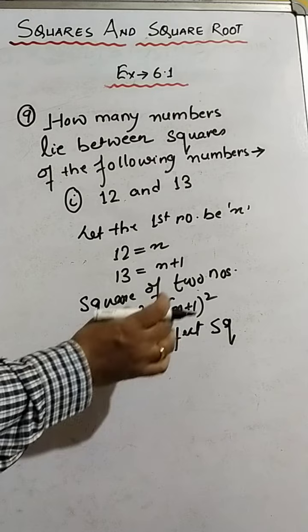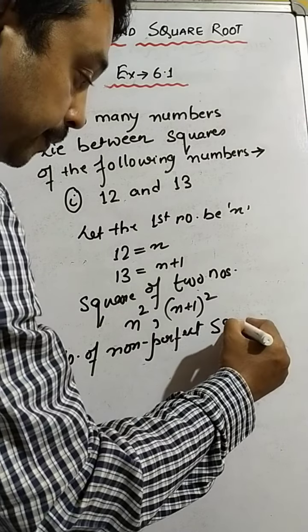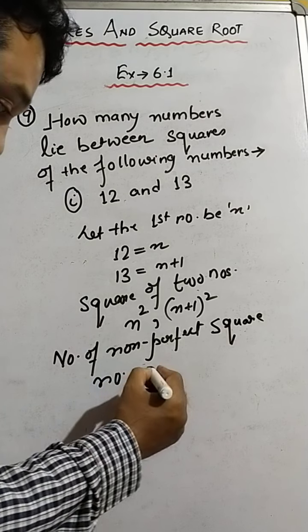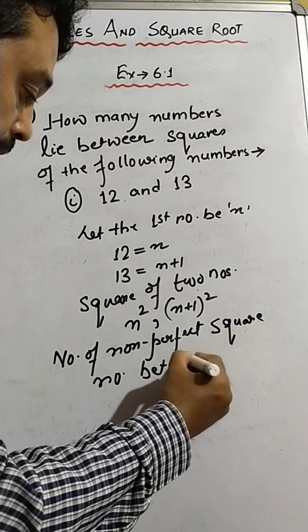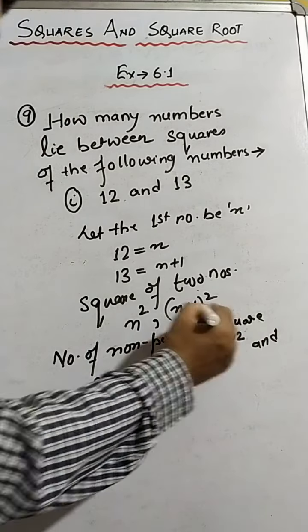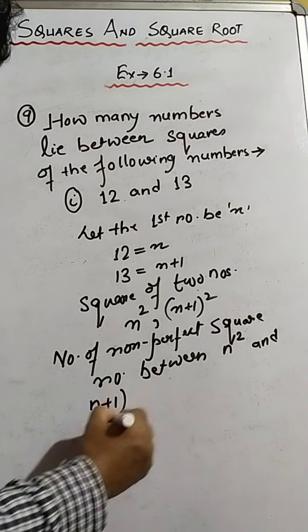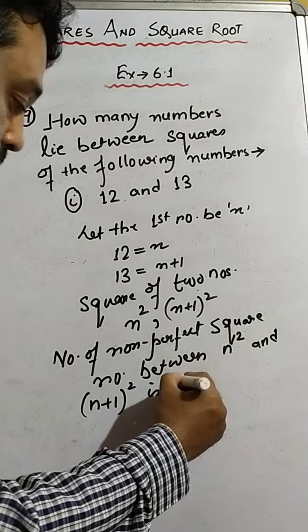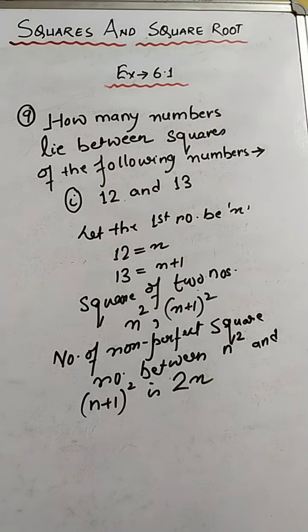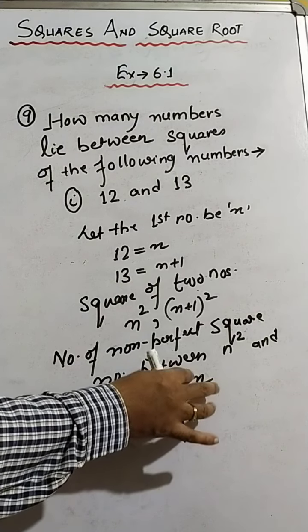So the number of non-perfect squares between n square and n plus 1 square is always 2n. Fine. So this is the formula that we have to use.